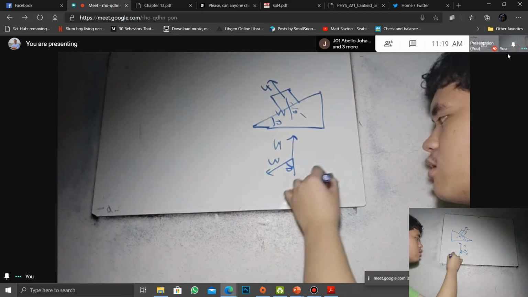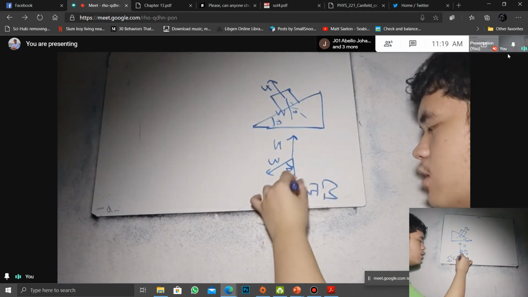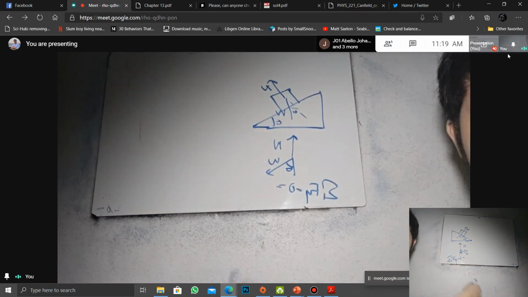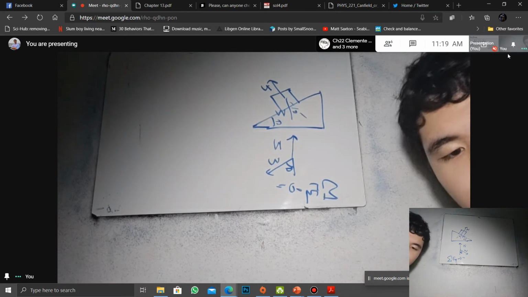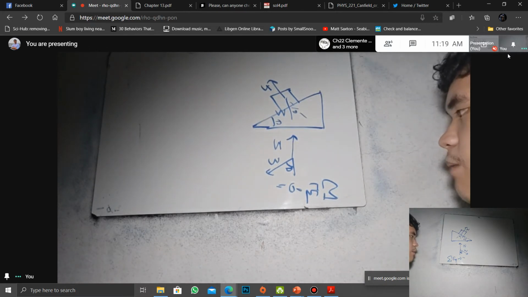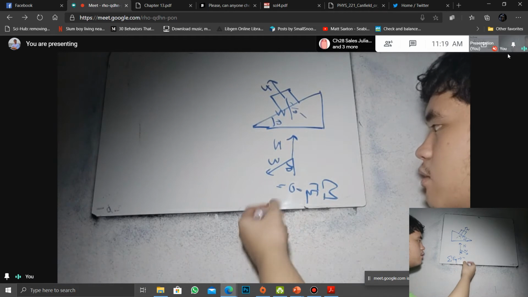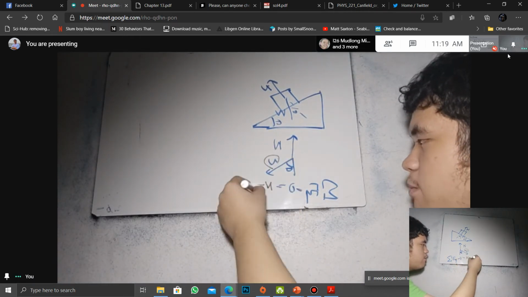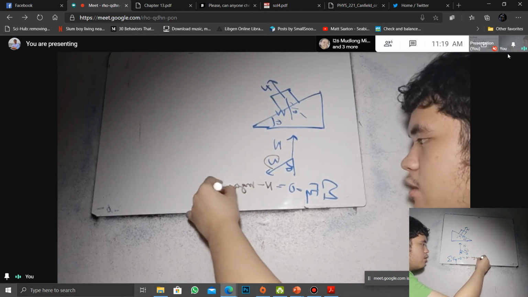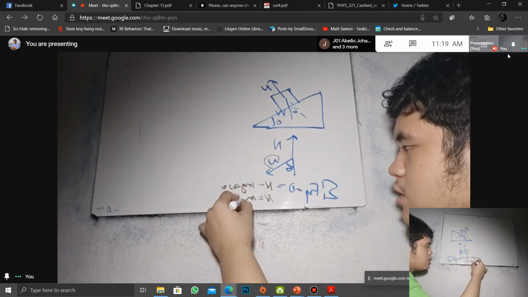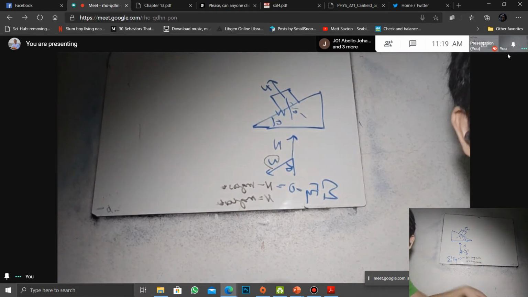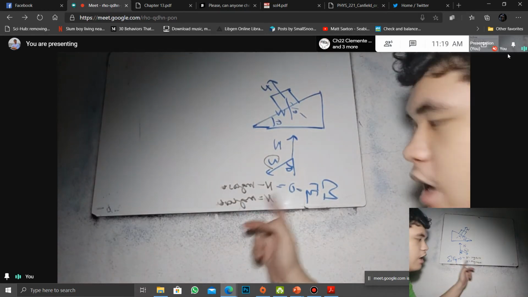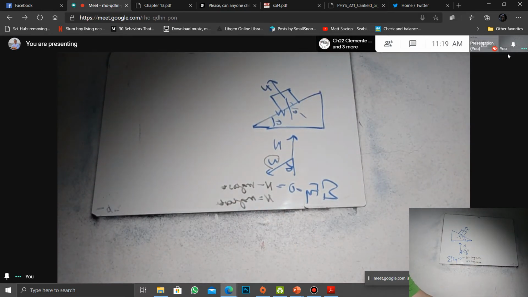Looking at y equals to 0 equals to, I'll use this muna. Mg equals n minus mg, di ba? Weight, y component, mg cosine theta. N equals mg cosine theta. So, yan, we have our answer na agad. Dapat less than the weight of the skier, yung normal force. Okay? Dapat less than.